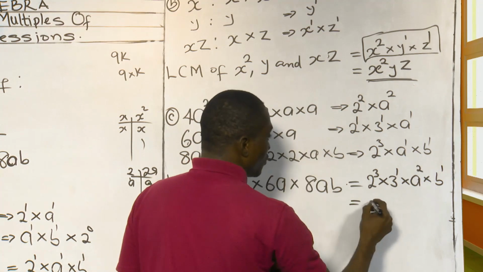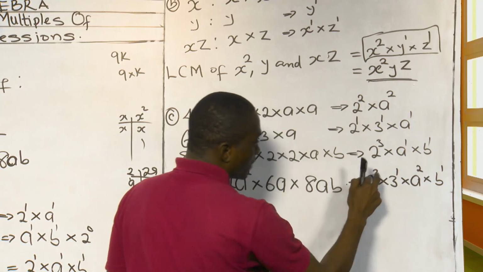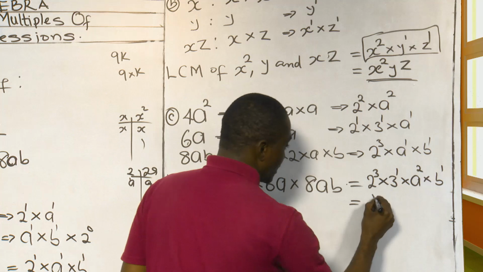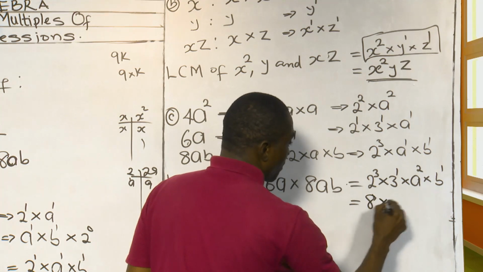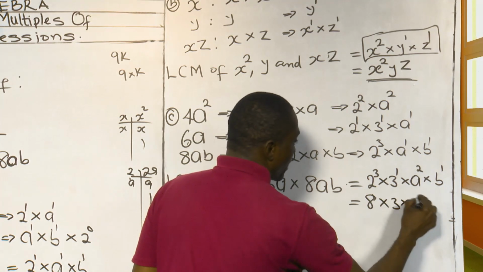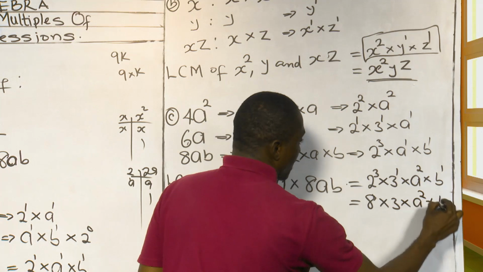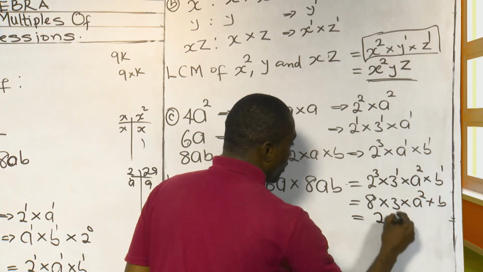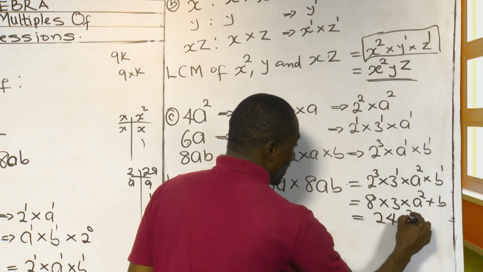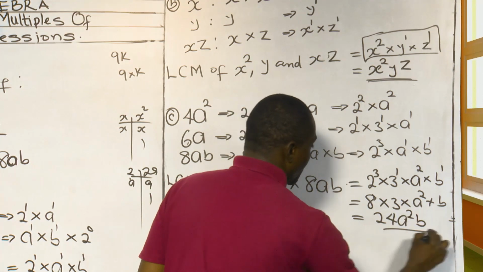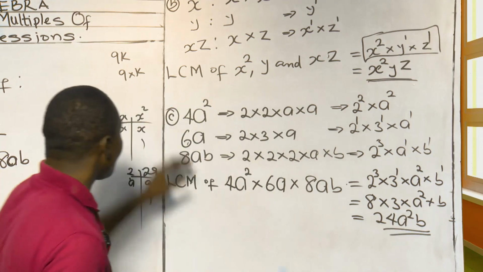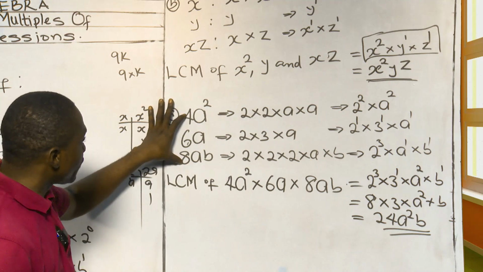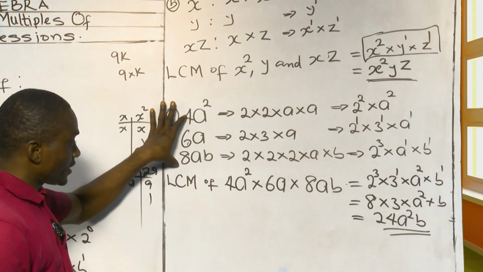And this will be 2 raised to power 3 is 8. Let me write it like this: 8 multiplied by 3 multiplied by a squared multiplied by b. And the product of all this will be 24a squared b. This is the LCM of this set of algebraic expressions.